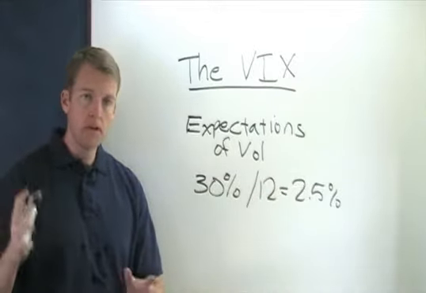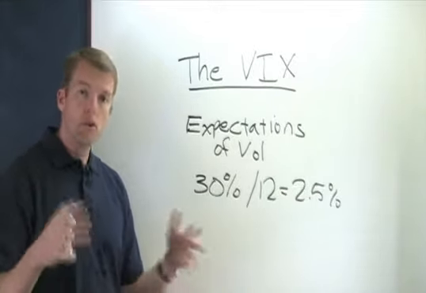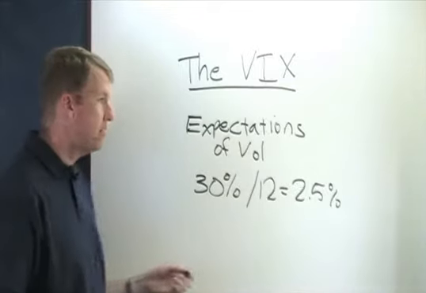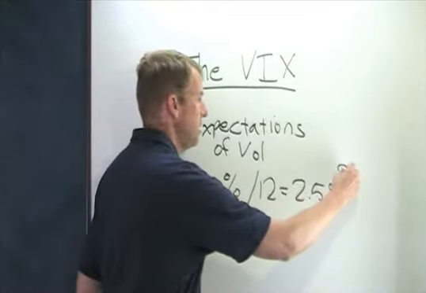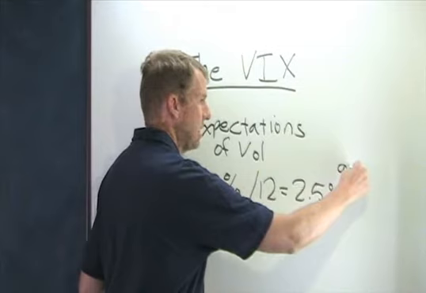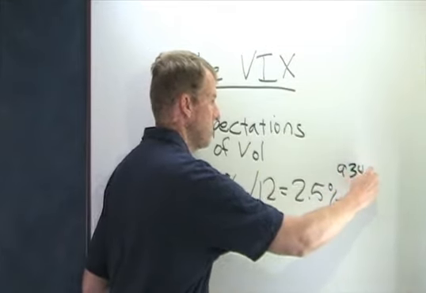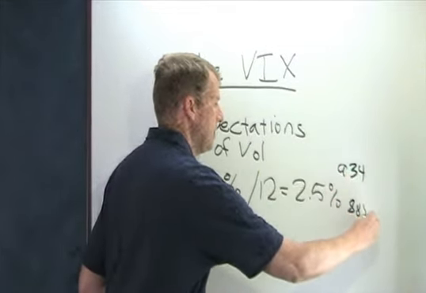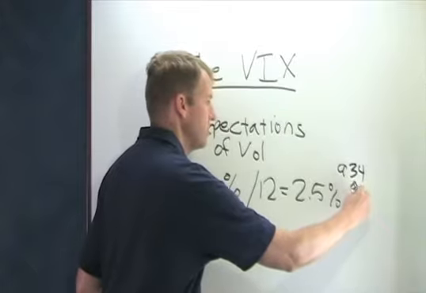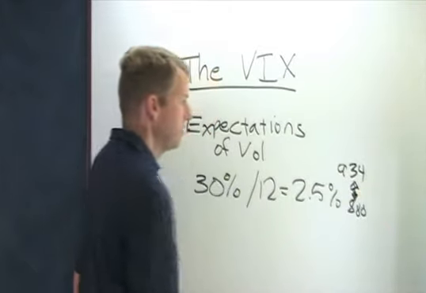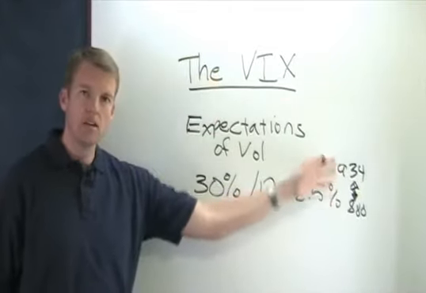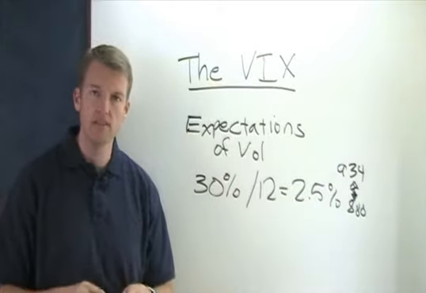It doesn't really matter, one direction or the other, over the next 30 days or so. That means that essentially they're anticipating that the SPX, for example, could range anywhere from about 934 to 888. So somewhere in this range, there's a fairly high level of confidence that the market's going to be in that range over the next 30 days.